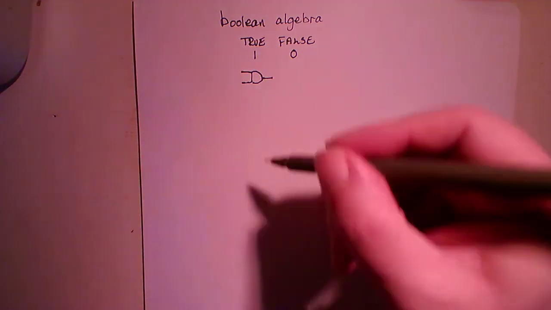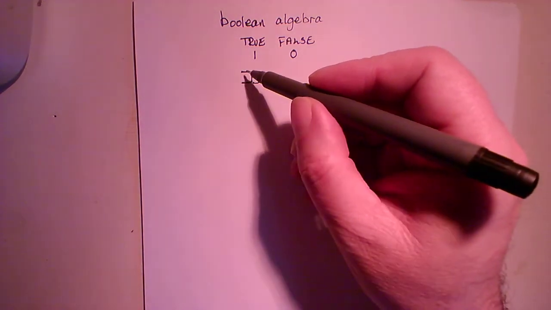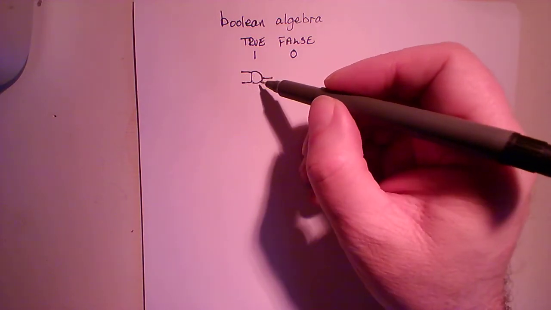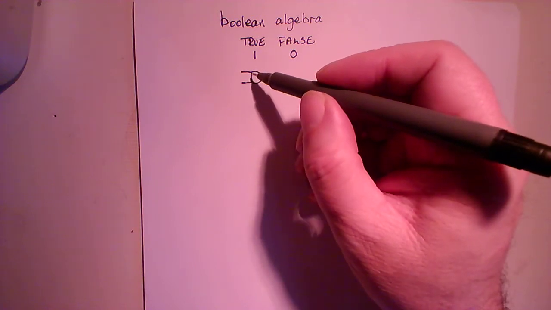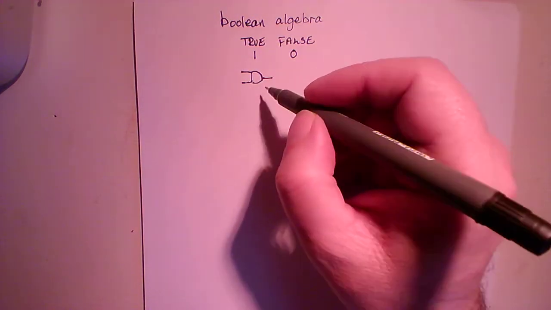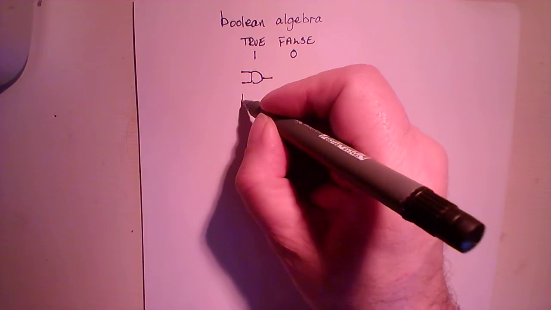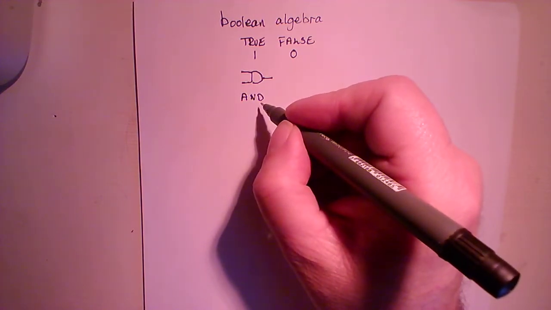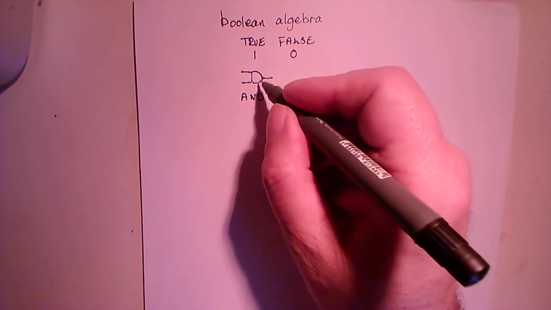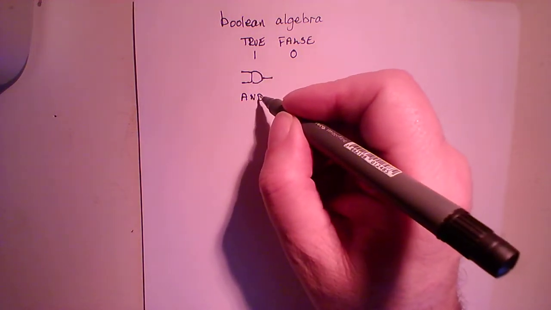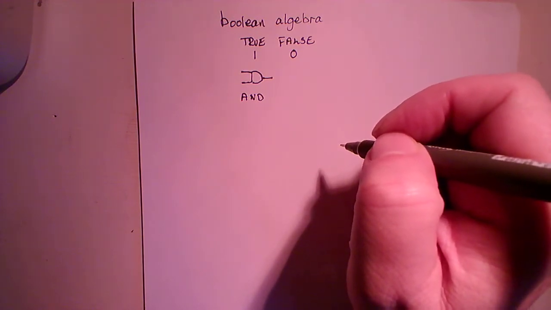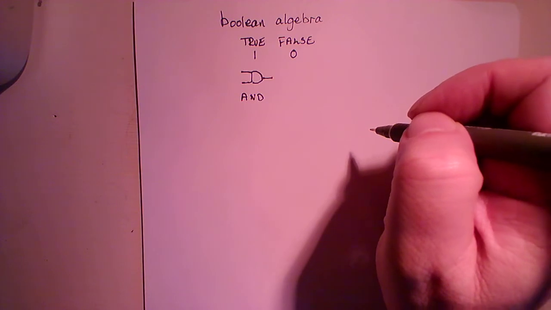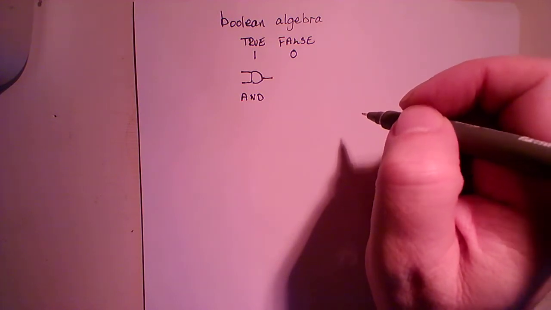This one, which has 2 legs, they're inputs, and 1 leg coming out for an output, and then the symbol is like a D. It's got a straight back, and that is called the AND gate. And I'm going to write AND underneath it. Now, the word AND is used in programming. We can't represent a diagram in programming, we have to use the word AND. And that's available in every language. We've seen it in SQL, we've seen it in Python, how to use it.